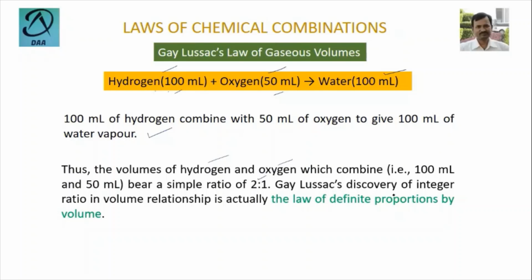And Gay-Lussac's discovery of integer ratios in volume relationships is actually the law of definite proportion by volume. Previously we discussed the law of definite proportion by mass. Here you can see it is by volume. And in this case, all gases are always under the same temperature and pressure. That you always have to remember and write.